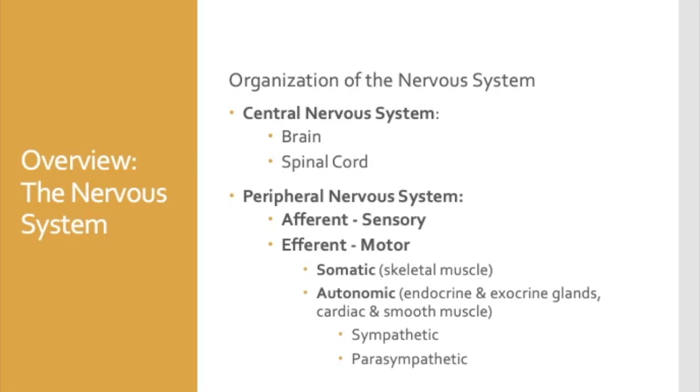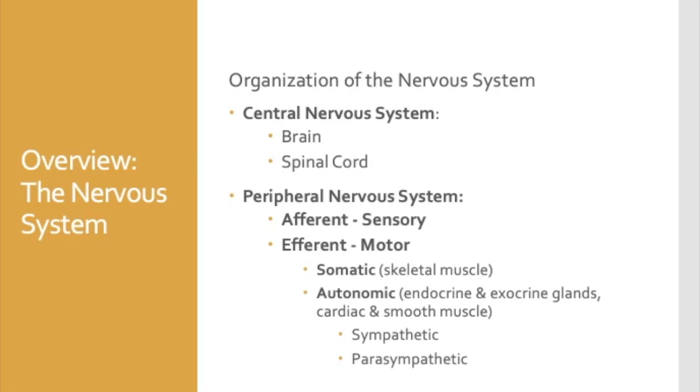The organization of the nervous system can be described both structurally and functionally. The central nervous system is composed of the brain and the spinal cord. The peripheral nervous system is essentially everything outside of the central nervous system.